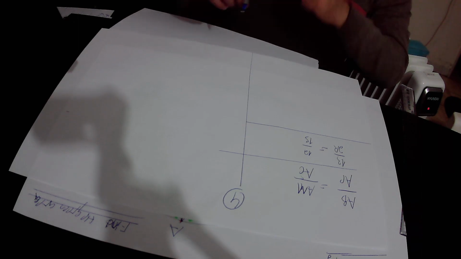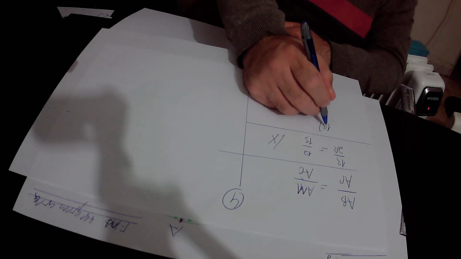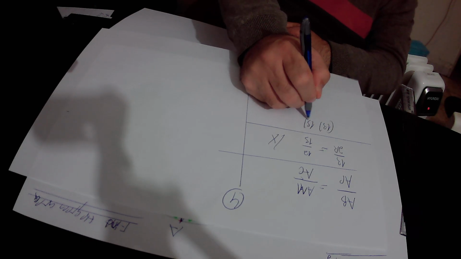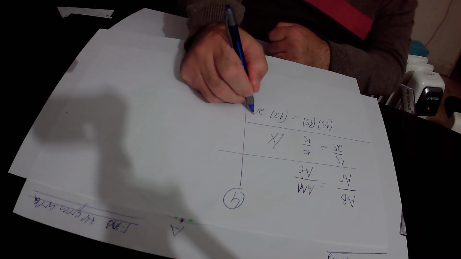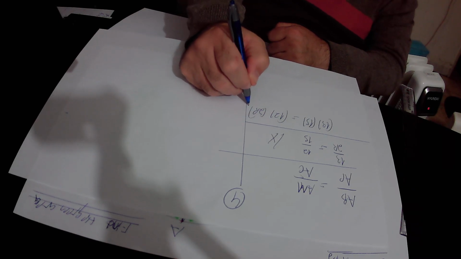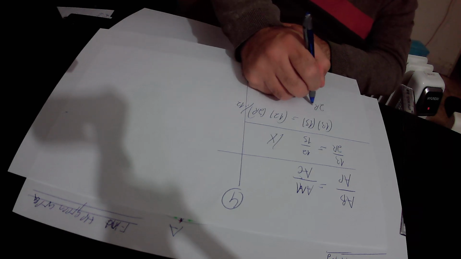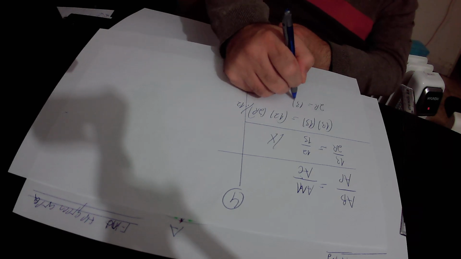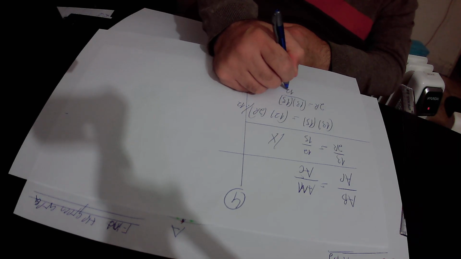Here we'll cross multiply this equation, and we get that 13 times 15 equals 12 times 2R. Here we'll divide this equation by 12, and finally we get that 2R equals 13 times 15 over 12.